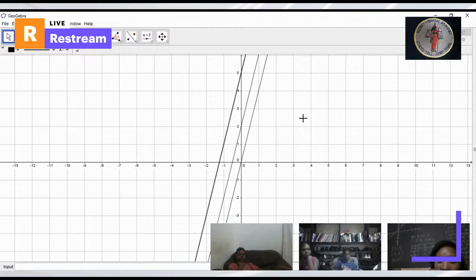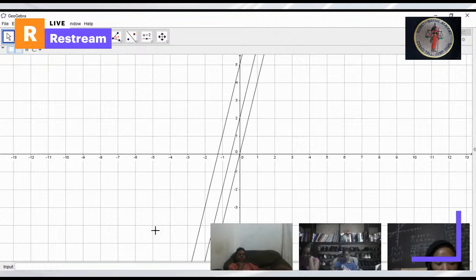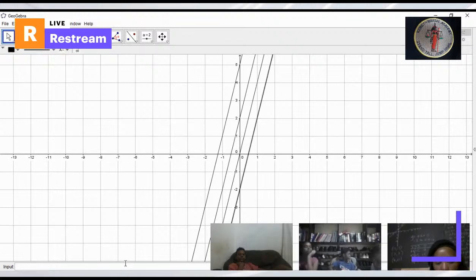Let's do 2 now with negative numbers. Let's do y equals 4x minus 2 and y equals 4x minus 5. So y equals 4x minus 2. So you notice it's the same gradient.